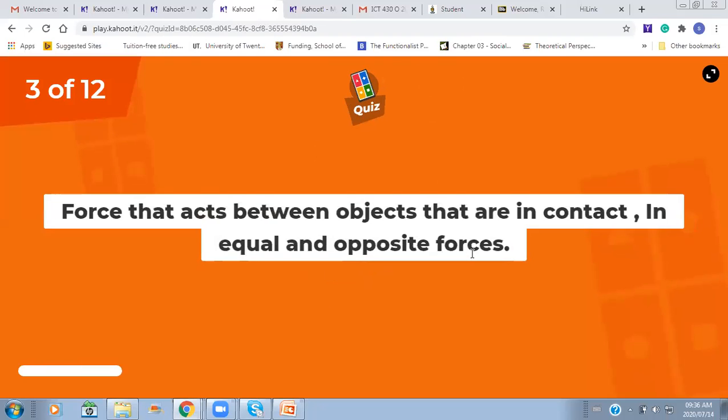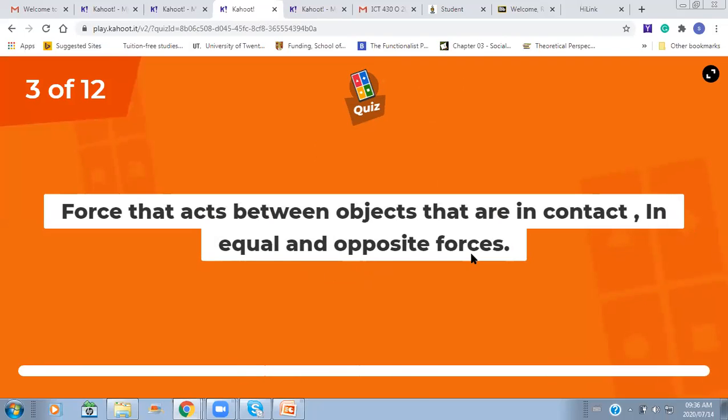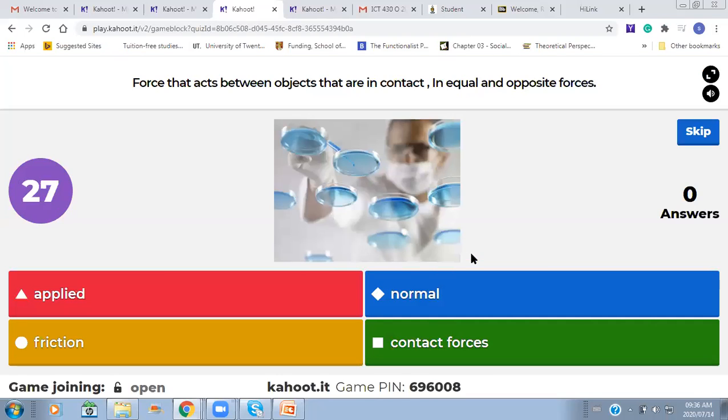Forces that act between objects that are in contact are equal and opposite forces. Let's go on. Which of these are forces that act between objects that are in contact and in equal and opposite direction? The time is going. Those of you who have not joined yet, join us and then we have fun.